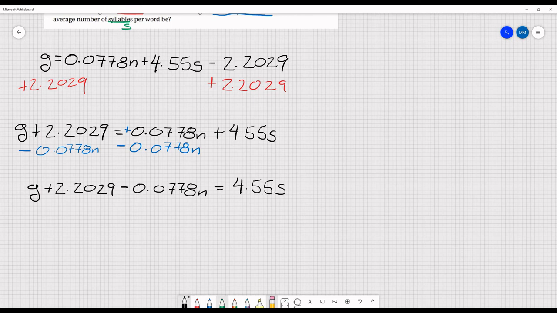One last thing to do. I have a multiplication right here. I'll undo that by dividing. Now when I divide, I have to divide everything. So I divide this entire side by 4.55 and divide this entire side by 4.55. Recall those implied parentheses.